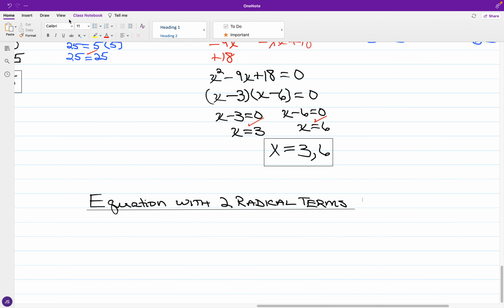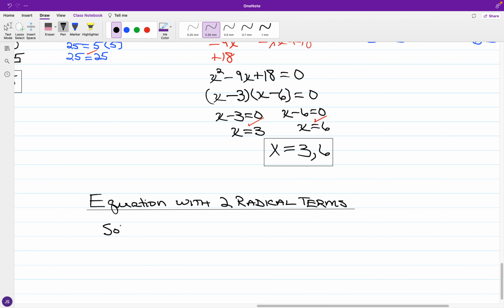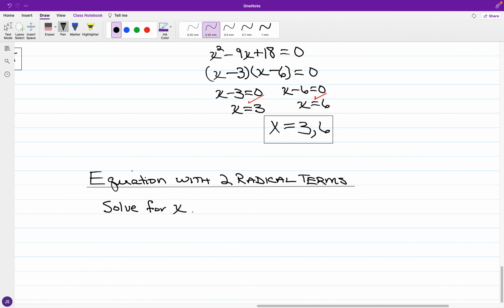I'll give you a case here. As an example of an equation with 2 radical terms, we're looking at solving for x, and we'll say that we have the square root of x plus 5 minus the square root of x is equal to 1.